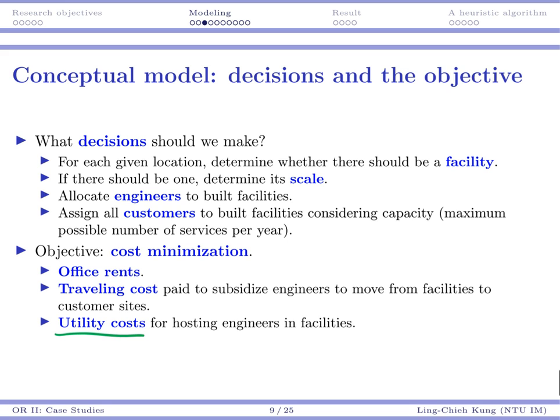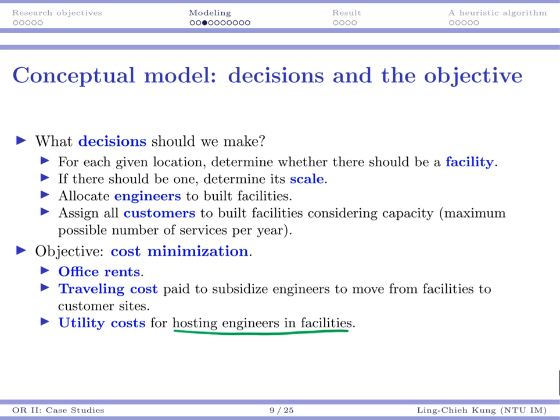And then finally, there are some utility costs you need to pay for hosting engineers in facilities. Because once you put one person in a facility, the engineer needs to eat, needs to drink, needs to use electricity. Okay? And that per engineer cost may be different from Taipei to Kaohsiung to Pingdong to Taidong. So that's also some costs that are relevant to your decisions because you need to allocate engineers.